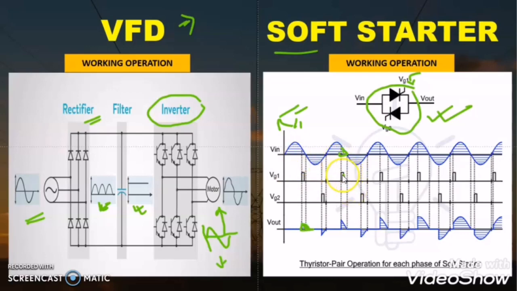After that we gradually move the impulse voltage further from the zero crossing, so the motor gets more voltage in every cycle. You can see that in the first cycle there is very little voltage, in the second cycle there is a bit more voltage compared to the first, and it keeps increasing in every cycle. In that way the soft starter increases the voltage across the motor terminal at the time of starting in all three phases.